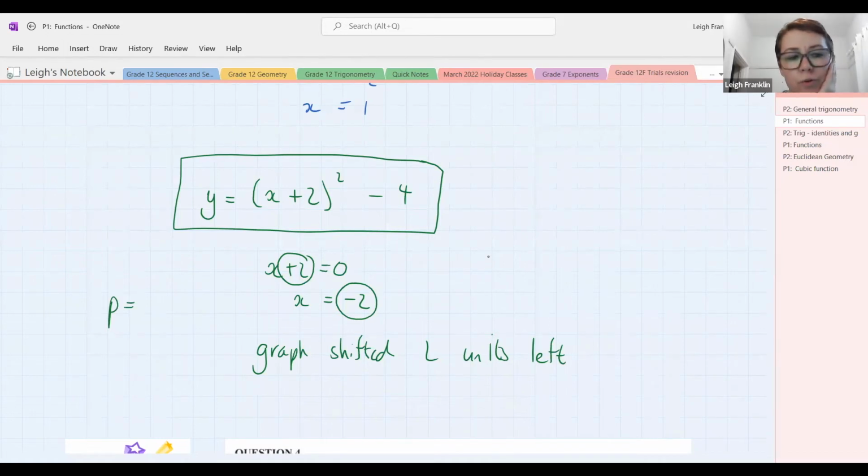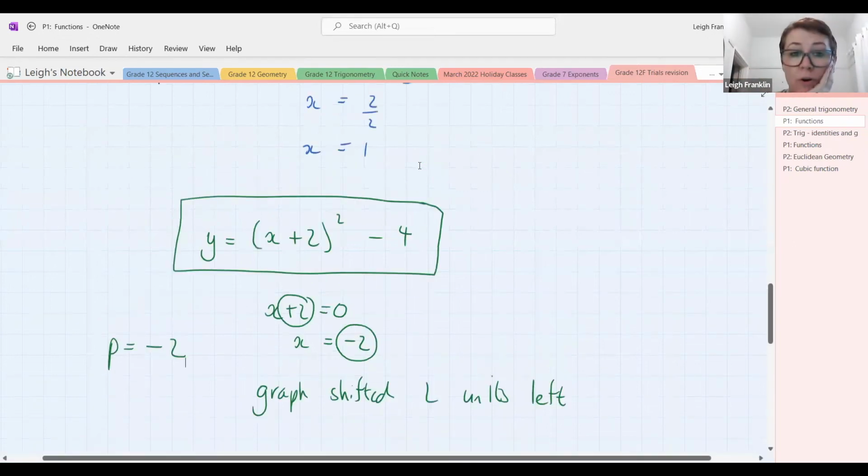P is equal to -2. Good. Yes, absolutely. Quite right. Because the graph shifted 2 units to the left-hand side. So P is equal to -2.